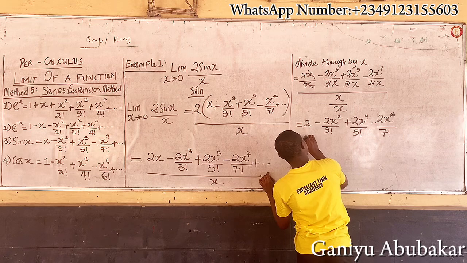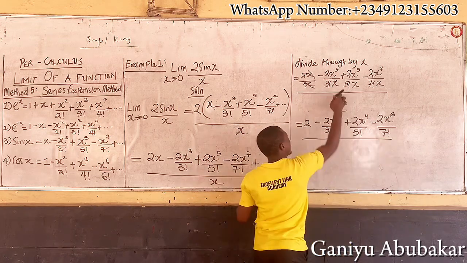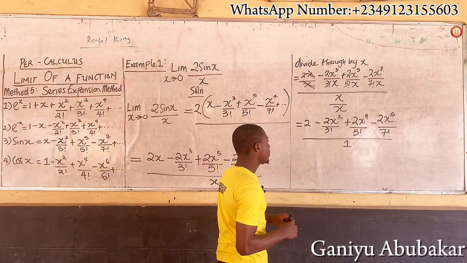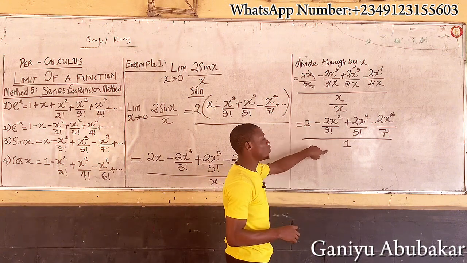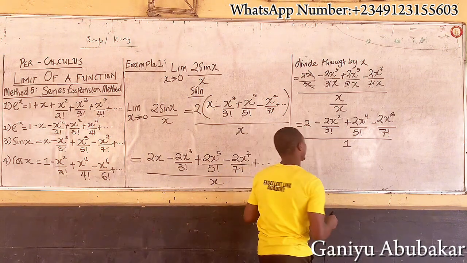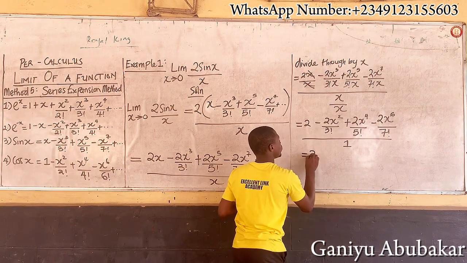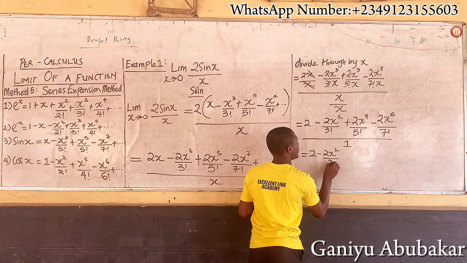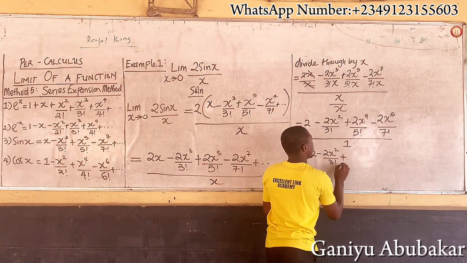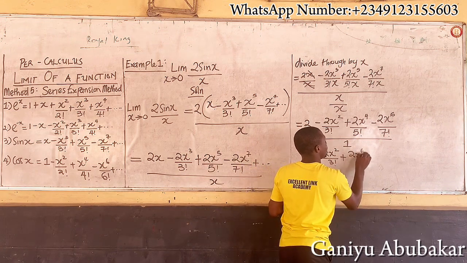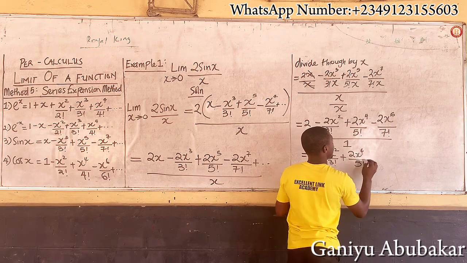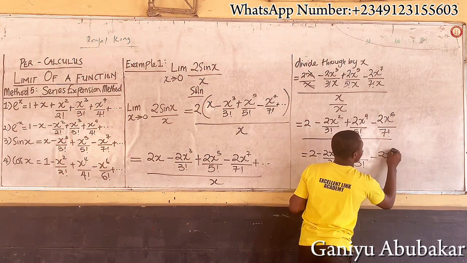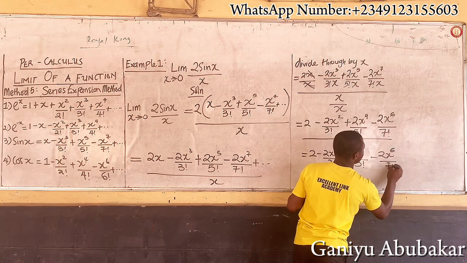All over x will give 1. From here, anything divided by 1 is the same thing. So I'll be having 2 minus 2x squared over 3 factorial plus 2x to the power 4 over 5 factorial minus 2x to the power 6 over 7 factorial.